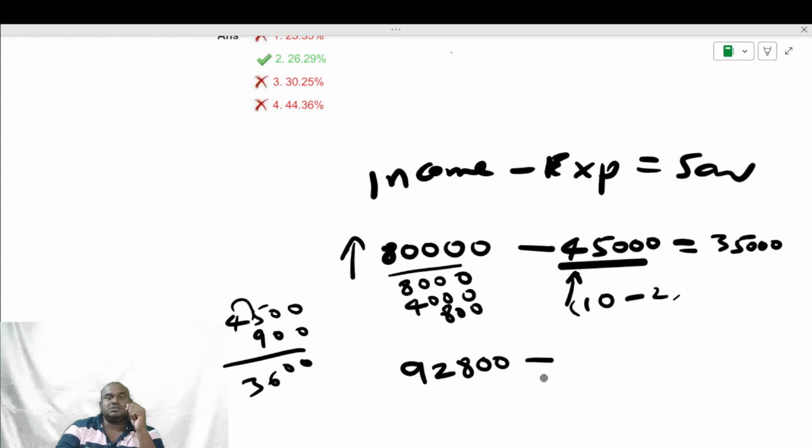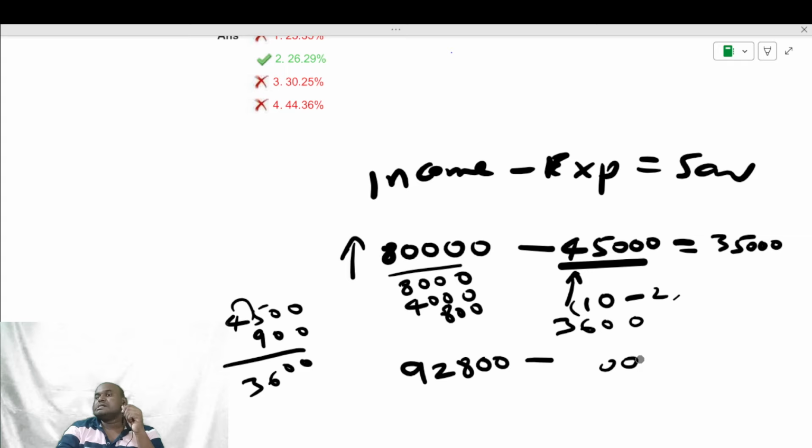So 3,600 you have to subtract from 4,500, then it will be 41,400.